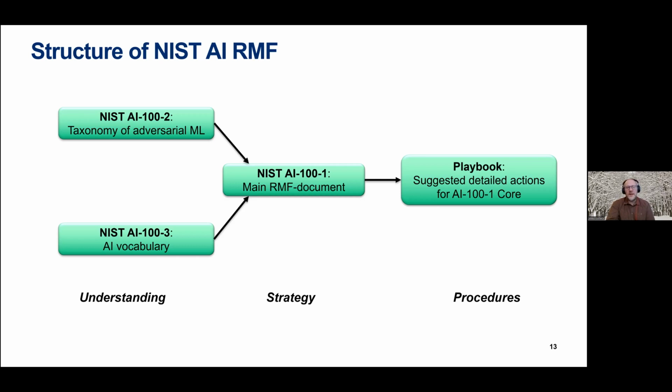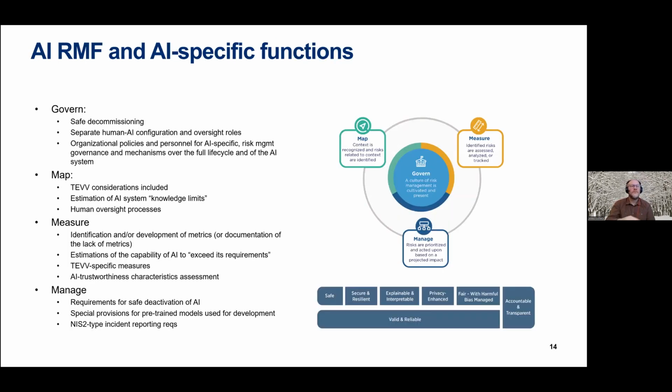Instead, they give a general framework and then examples of how you could do it if you have absolutely no clue how to manage these kinds of risks in your organization. It's a big document. There are some topics here that are AI specific.